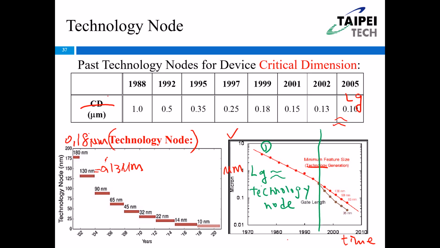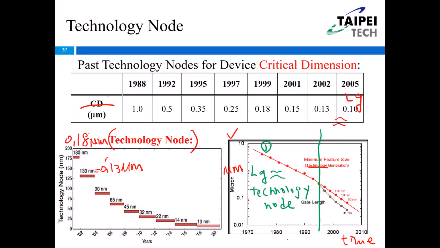But you see right now, the gate length scales down so fast. The gate length is much smaller than the technology node.